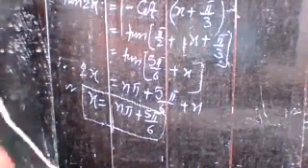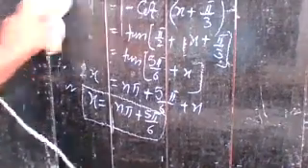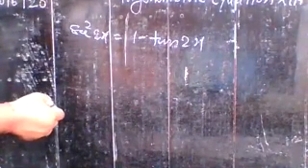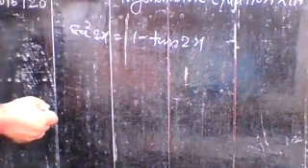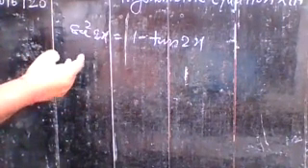Yes, in the same way, sec square 2x is equal to 1 minus tan 2x, and you have to solve it. With the help of an identity, sec square x can be changed into tan.